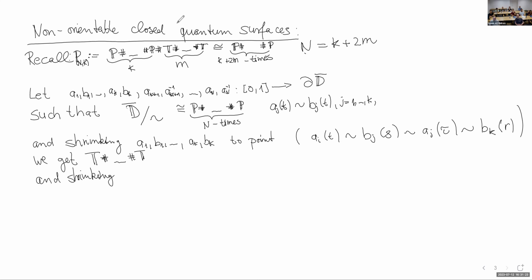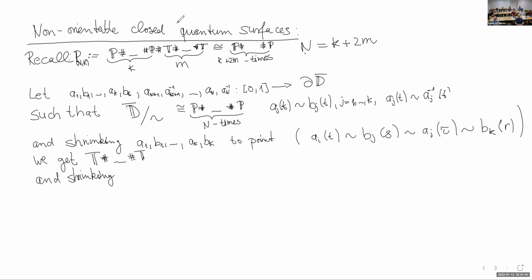And then on the other ones, the same as we have. One point on one arc gets identified with one point of its corresponding arc.